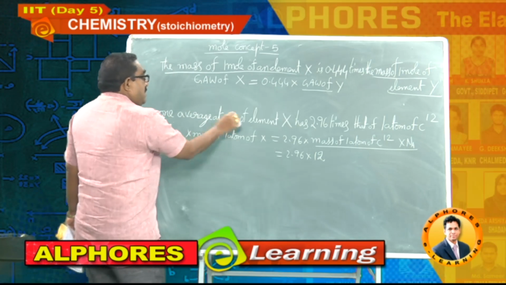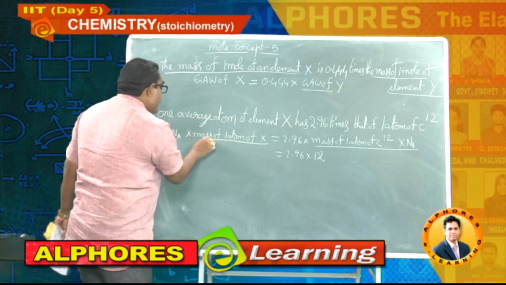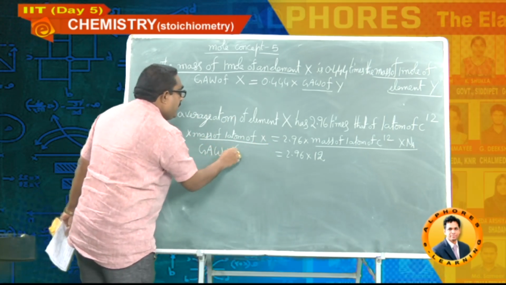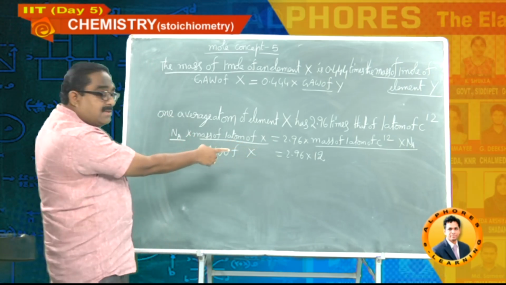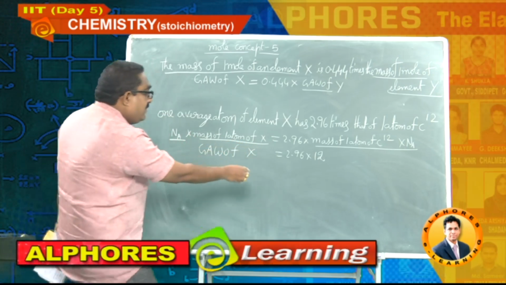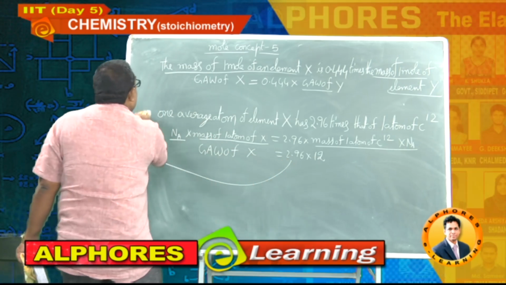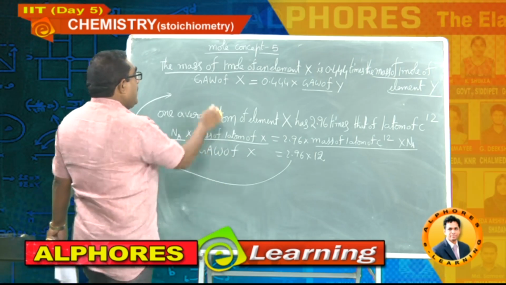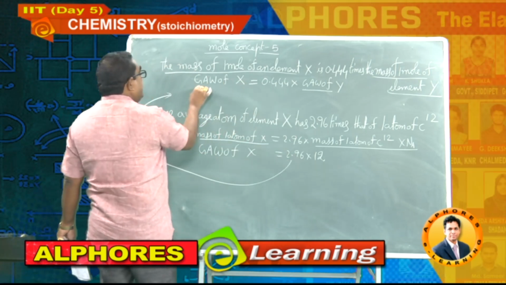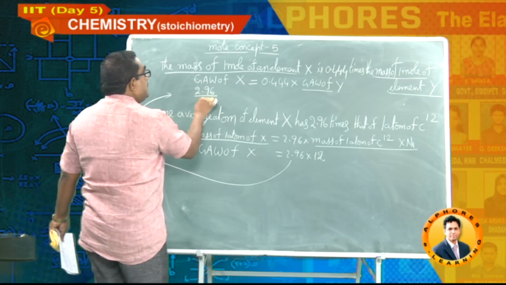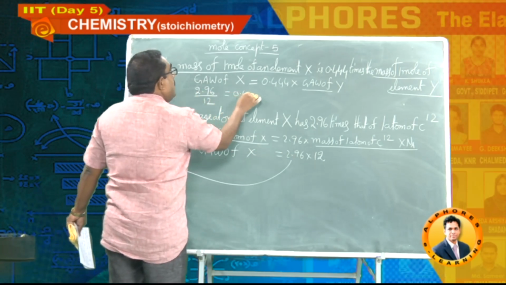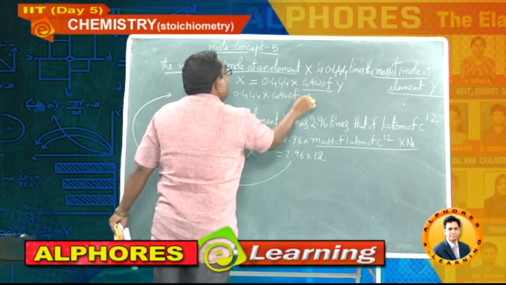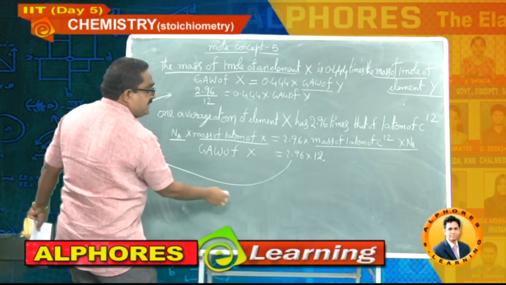Now, this side, 1 atom of X into Avogadro number is nothing but the gram atomic weight of X. Now you got the gram atomic weight of X. Now you can substitute the value here to get your final answer. Please concentrate, students. Now I got GAW of X as 2.96 into 12, which is equal to 0.444 into GAW of Y. Now I am writing the final step here.